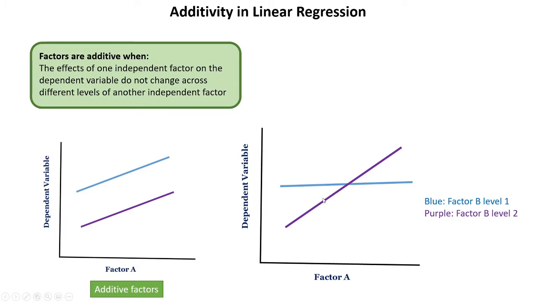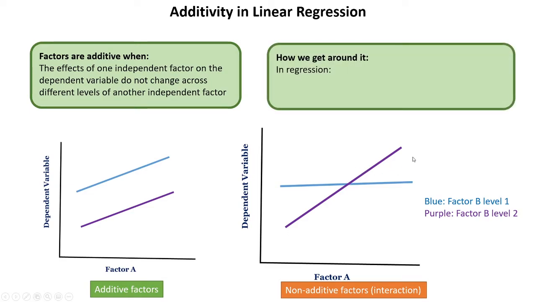So the level of factor B is affecting how factor A affects the dependent variable. Ultimately, we call that non-additive, and we say that it has an interaction between factor A and factor B. Interactions can be some of the most interesting parts of your experiment. So it's not to say if you see this you're disappointed. You're usually very happy, because interactions between factors are usually quite interesting when they affect a dependent variable.